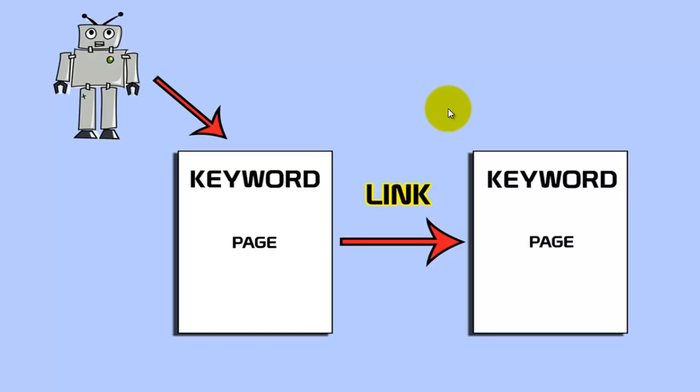So basically that's what the robots do, and they perform the same action over and over again and navigate throughout the web just trying to find new content so they can index it inside of Google listings.